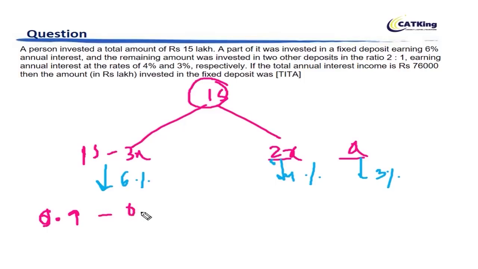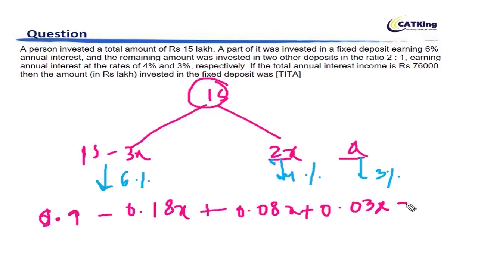minus 0.18x plus 2x into 0.04 becomes 0.08x, x into 0.03 becomes 0.03x, is equal to the interest income.